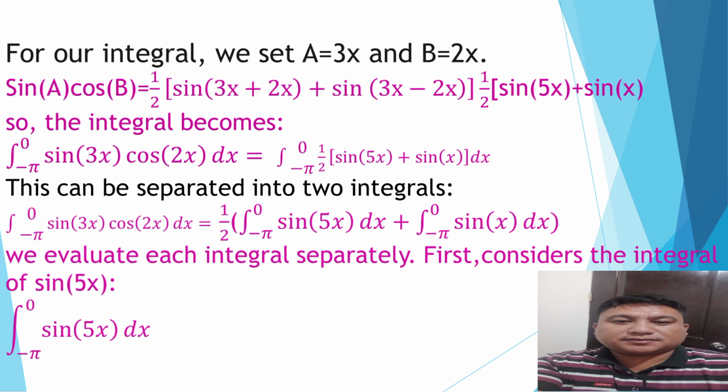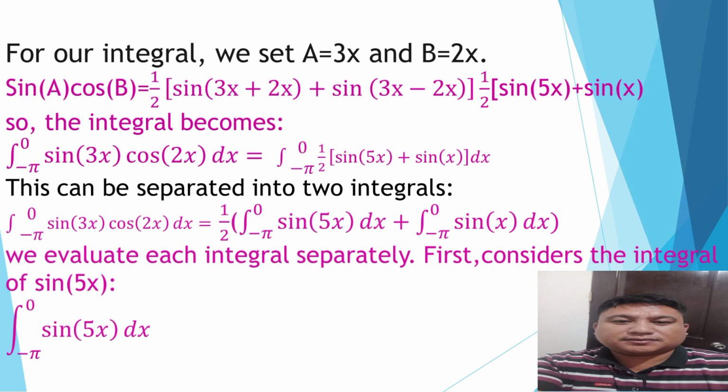Sine a cosine b equals 1/2 times sine of (3x plus 2x) plus sine of (3x minus 2x), which is 1/2 times sine 5x plus sine x. So the integral from negative pi to 0 of sine 3x cosine 2x dx equals the integral from negative pi to 0 of 1/2 times sine 5x plus sine x dx.